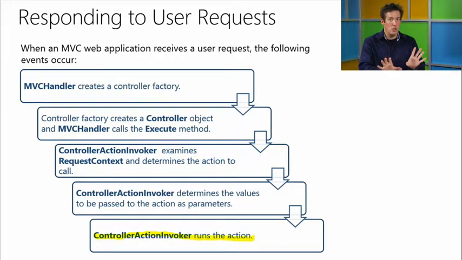And so what needs to take place behind the scenes is we need some mechanism to create a brand new instance of that controller and go find the appropriate method. That's exactly what this slide is walking through, everything that's going on behind the scenes. At the end of the day, we are simply calling a method on a class. Yep. That's it.